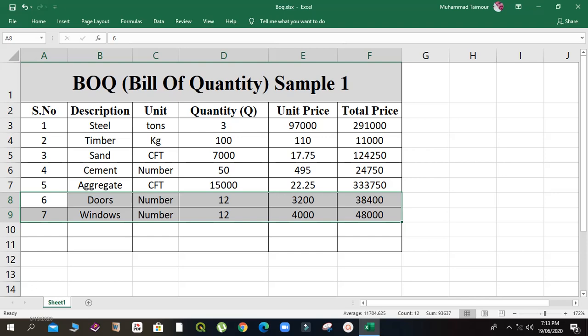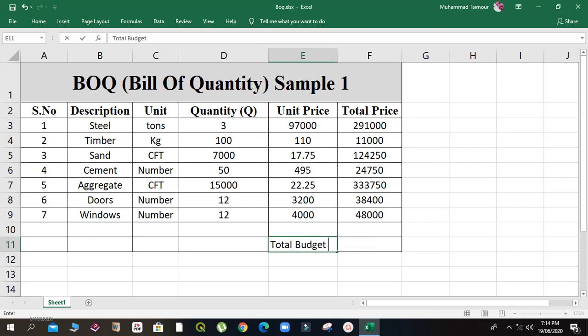Now I will show you the total budget, or total price, of all these quantities. So let's say the total budget required for these items will be, here I put the formula equal to, and then write sum, and you have to select those cells which you are going to add.